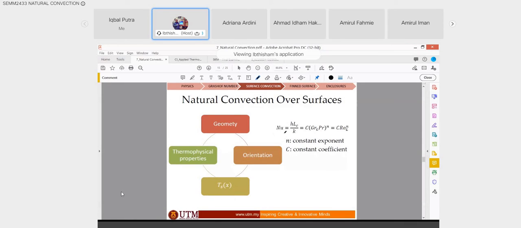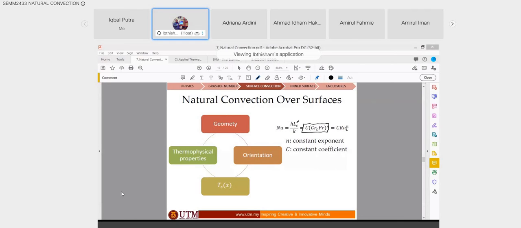So now we are looking at the equation or the technical content of natural convection. In general, it is the same as forced convection. You start with a correlation. Apart from this chapter, natural convection, the correlation will be different because we are working with a different problem.